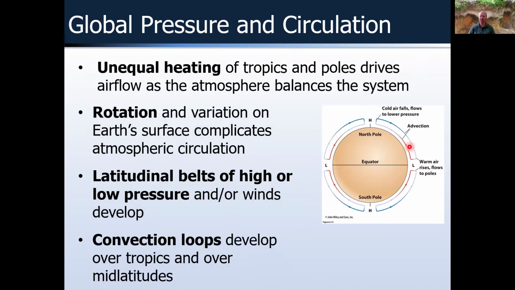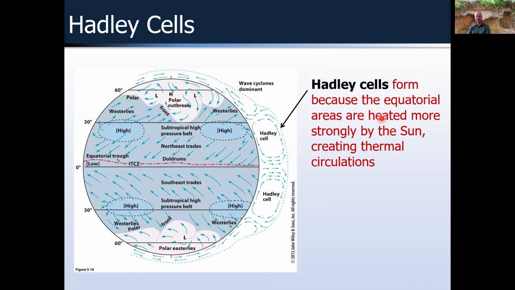It distorts it a little bit, but that's not meant to confuse it. It's just meant to say that if things were really simple, our circulatory loop would look like warm air rising near the equator, going all the way to the pole and returning. However, really by latitude, it's divided into three major latitudinal belts: near the equator, in the mid-latitudes, and near the poles, which is what we'll explore now.